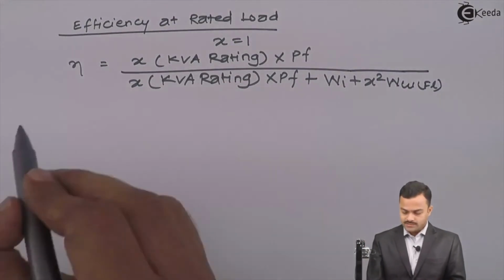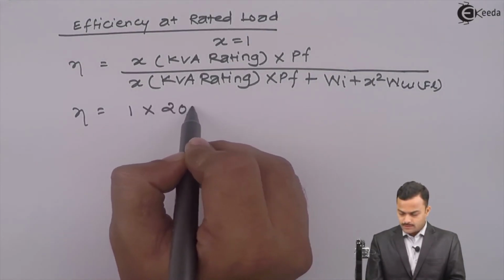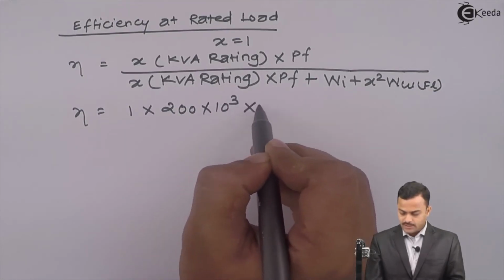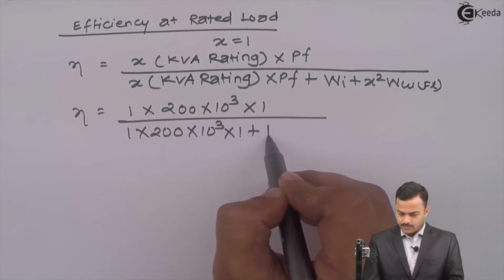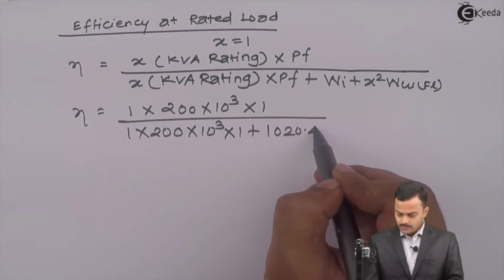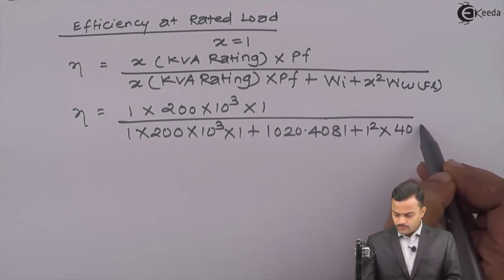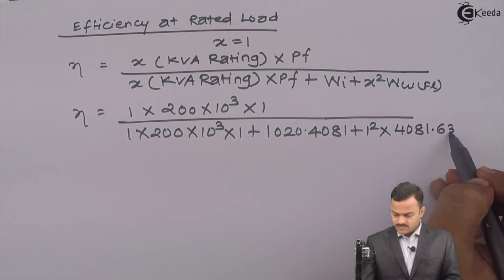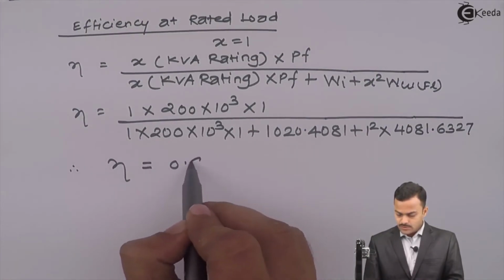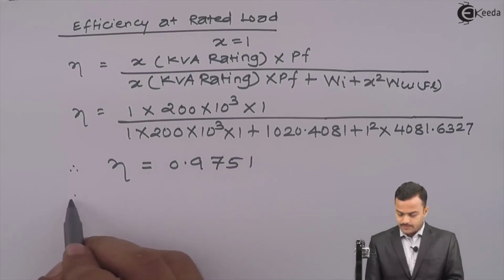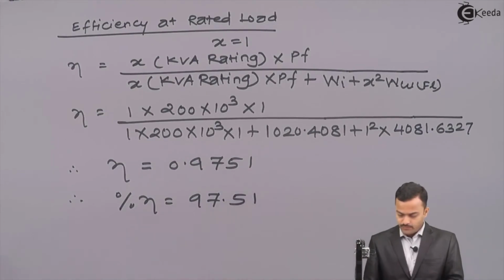All the values are known to us. So efficiency: rated load X is 1, kVA is 200, power factor we assume as unity, iron loss we calculated 1020.4081, 1 square into 4081.6327. If you solve this, you will get efficiency equal to 0.9751. In percentage, it is 97.51.